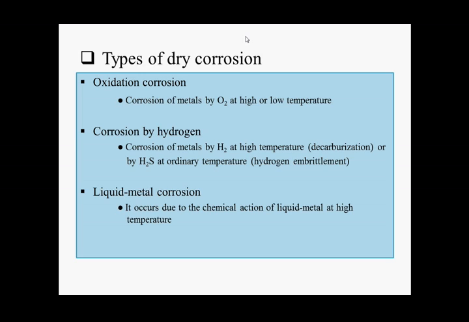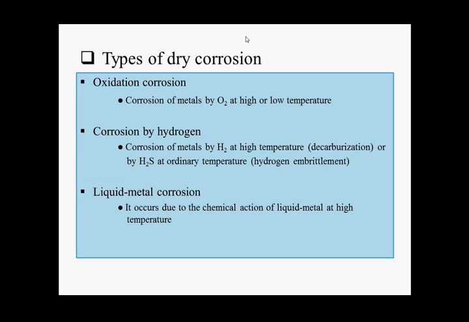Then if the corrosion takes place by hydrogen, that is called corrosion by hydrogen. And if the corrosion of the metals by hydrogen occurs at high temperature, it leads to a process called decarburization, loss in carbon content of the steel because of this hydrogen. That's also a type of corrosion where the carbon content of the steel gets decreased and thereby the property of the steel also decreases.